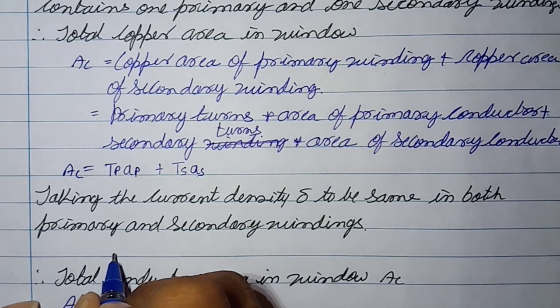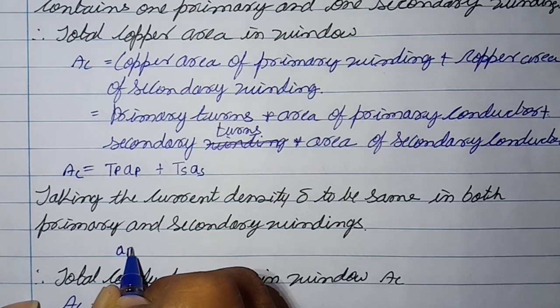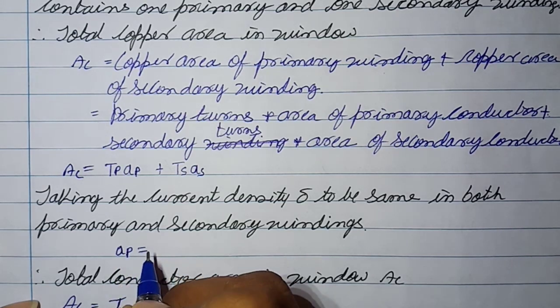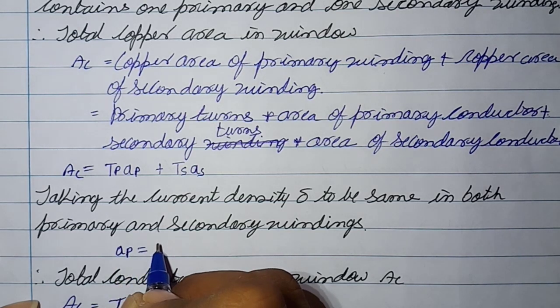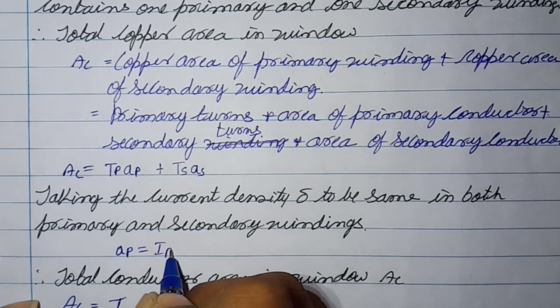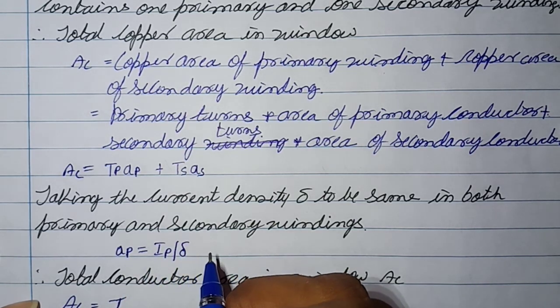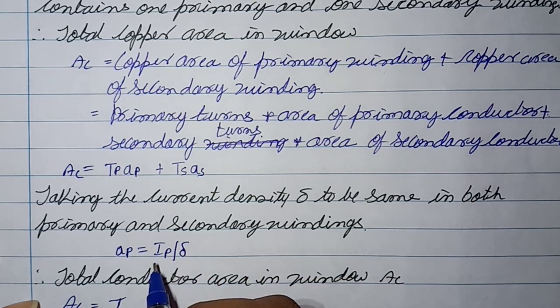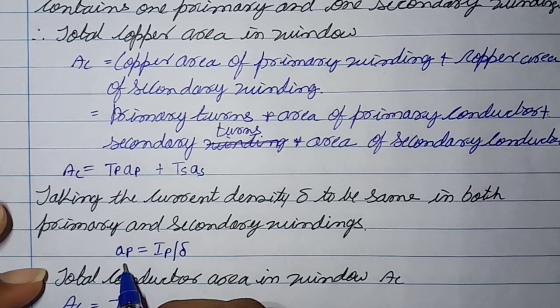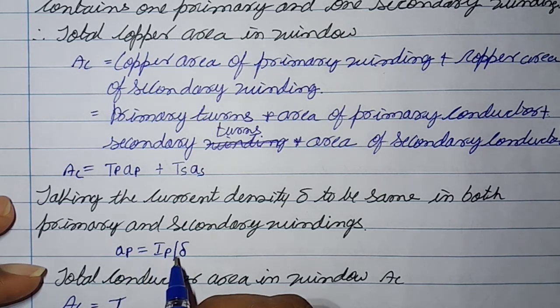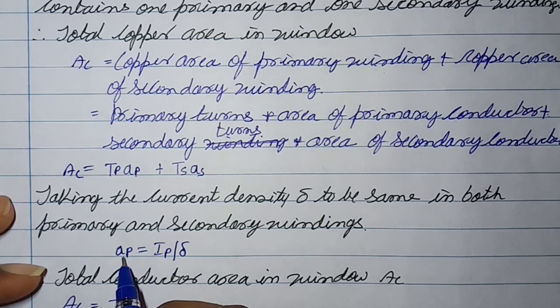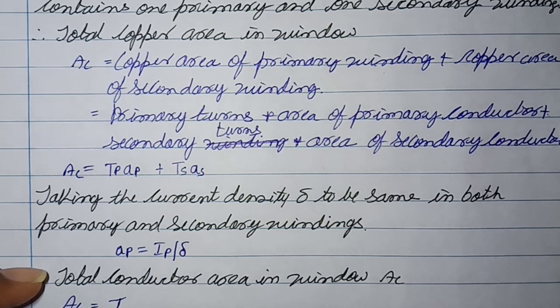So we have AP, that is the area, which will be equal to IP by delta, right? Because delta is equal to current per AP. So current per area will give us delta, so we are calculating the AP from that equation.